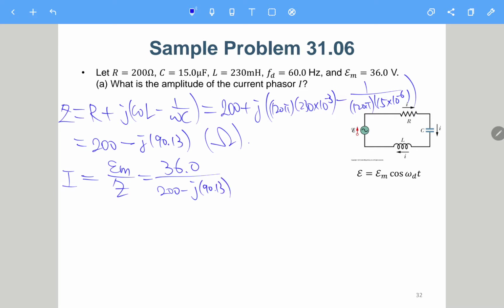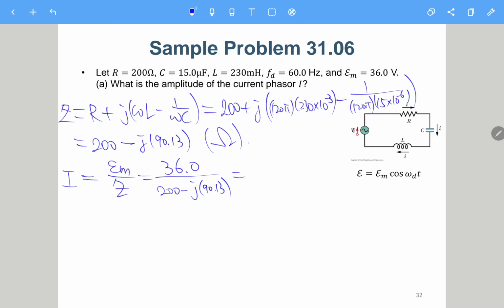Okay, so actually you need to just calculate the complex number. I'm not sure whether your calculator has this kind of operation, but nowadays I think many calculators have.